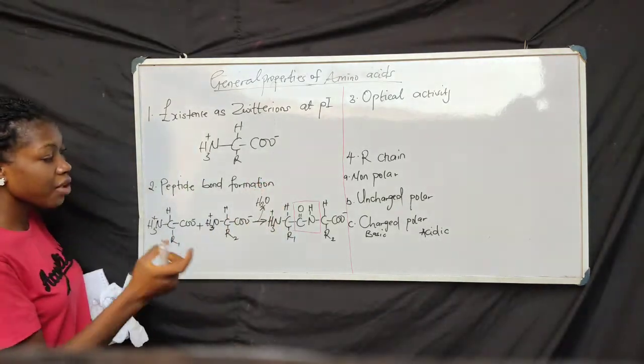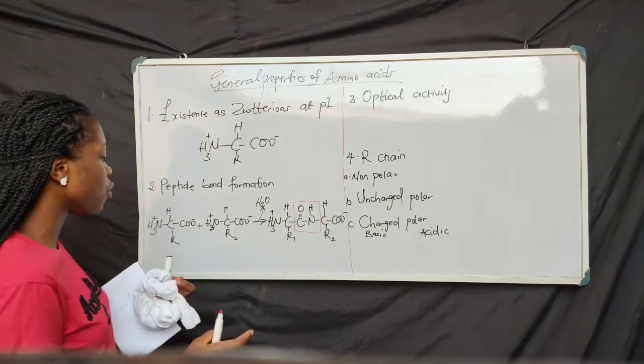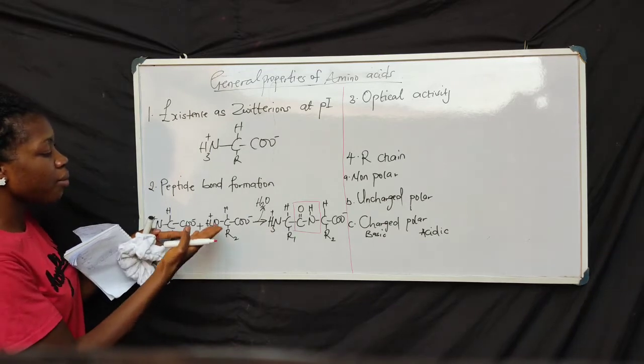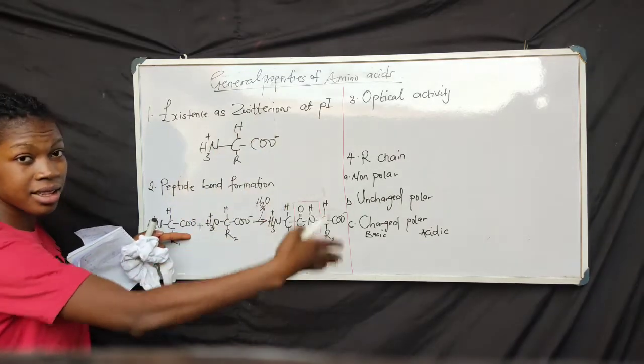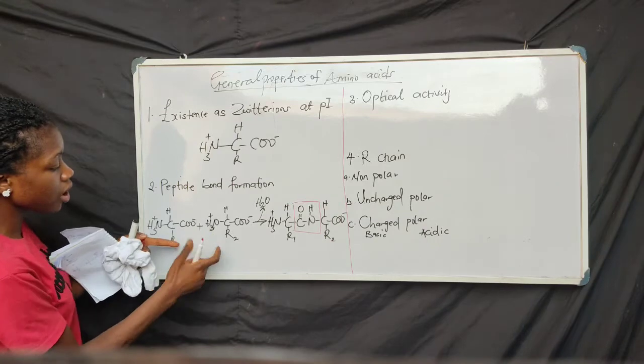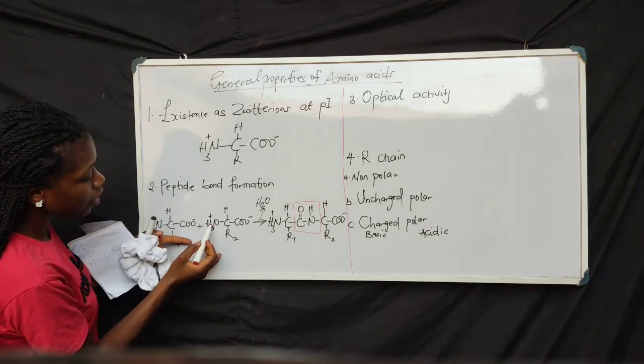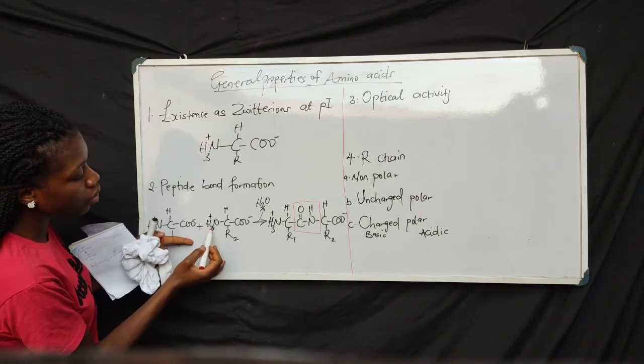If you notice, the reaction occurs between the carboxylic group of one amino acid and the amino group of the next amino acid.